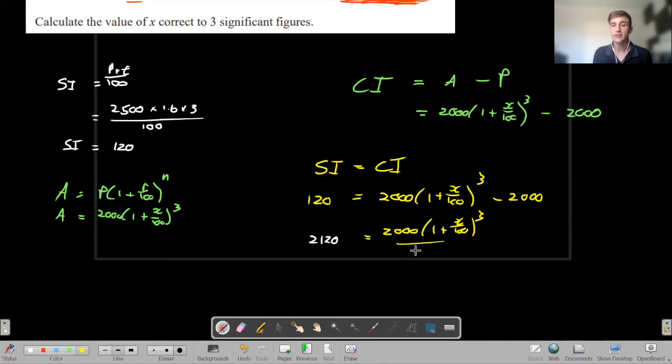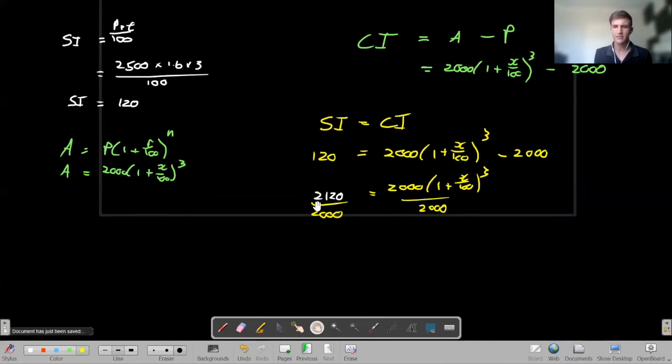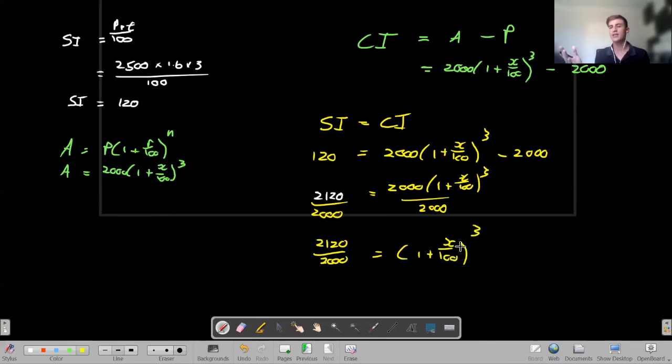Now let's divide by 2,000. We divide by 2,000, and I'm not going to simplify this. I'm going to leave it as a fraction just for now. So we have 2,120 over 2,000 is equal to (1 plus x over 100) cubed. How do we get rid of any exponents?